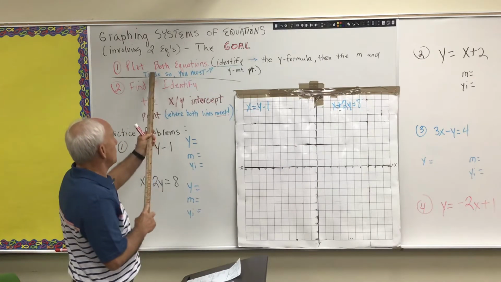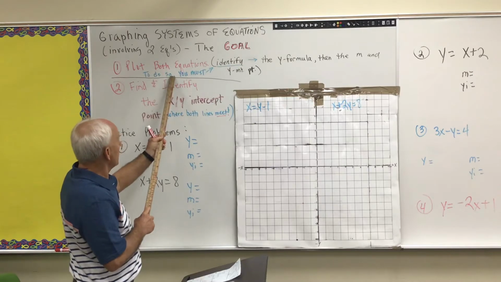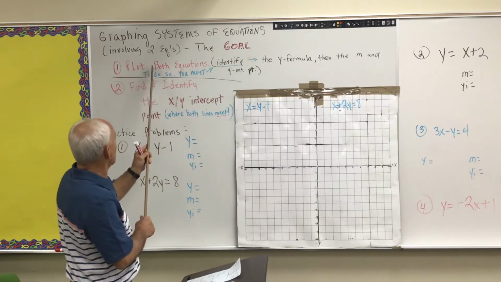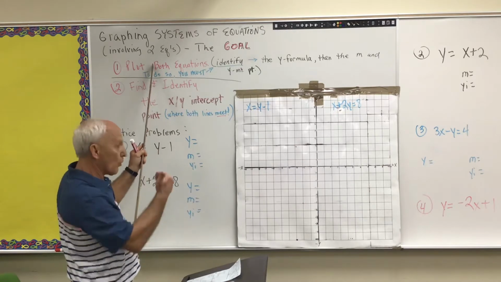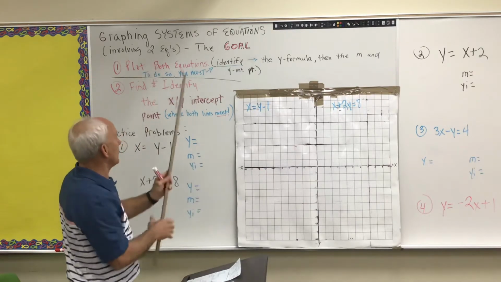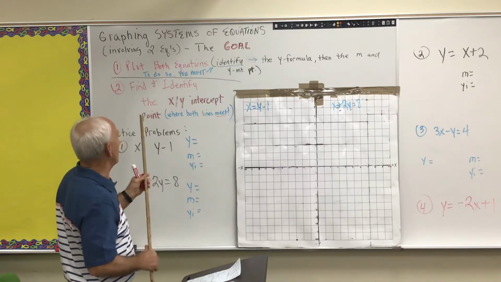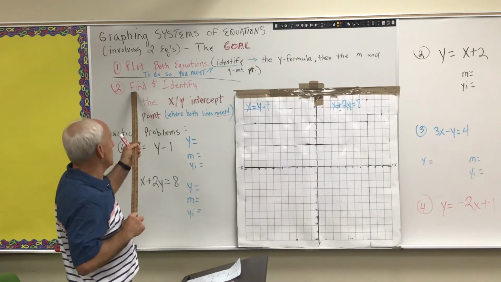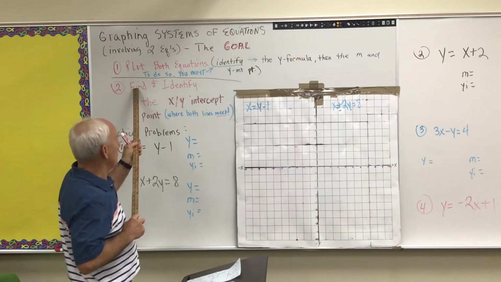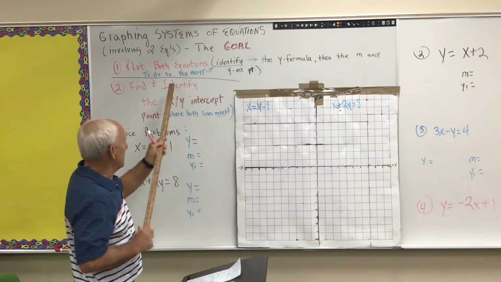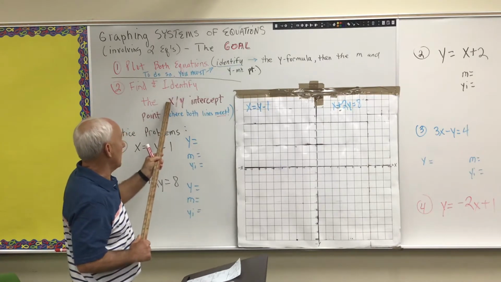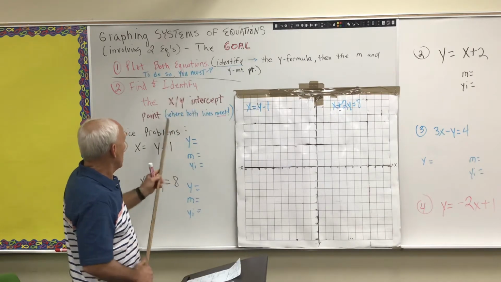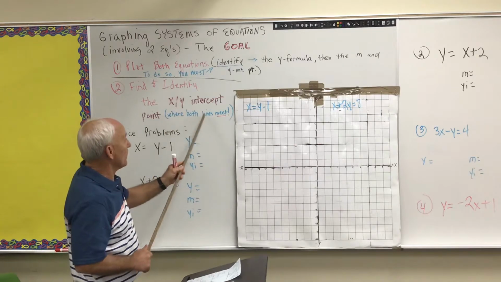And to do so, you're going to have to identify those so that you can plot or draw the line on the graph for each equation. Now, a second thing you want to do eventually is find and identify the exact point where both lines meet.